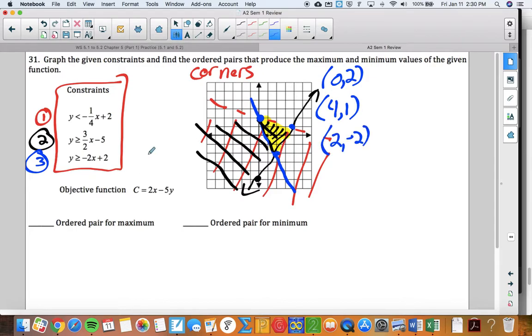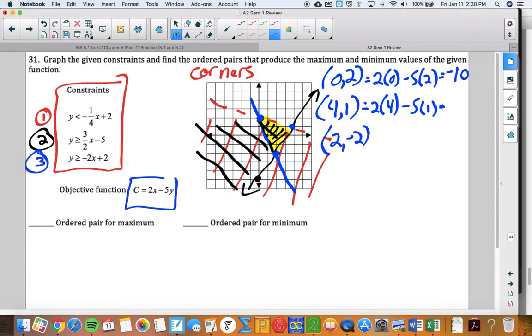So now we plug that into the objective function. So we're going to go 2 times 0 minus 5 times 2. You get -10. And let's try the other ones to compare. Minus 5 times 1. So you get 3.